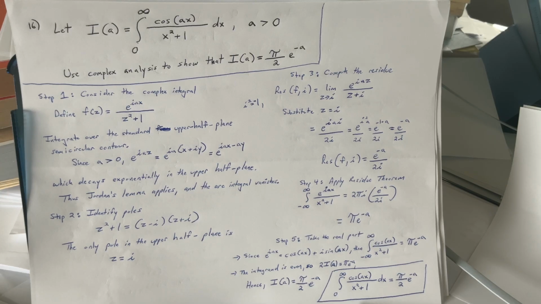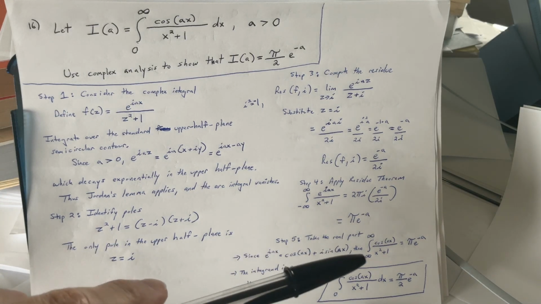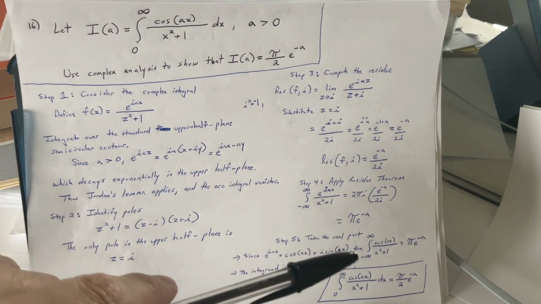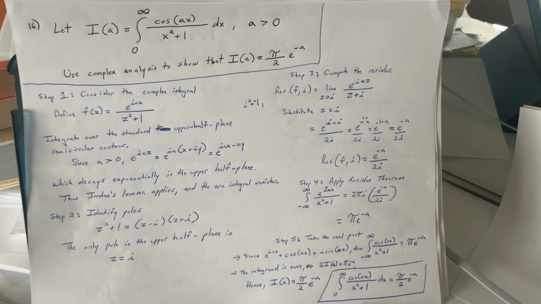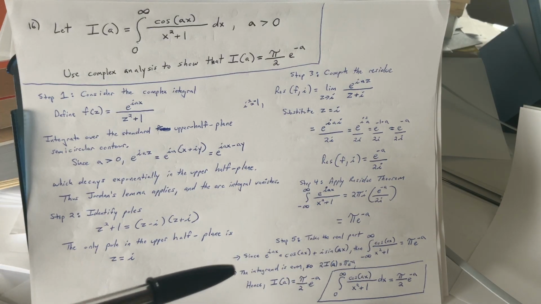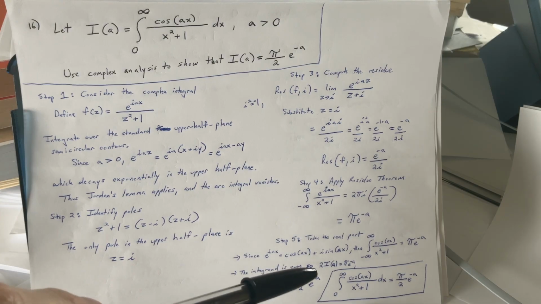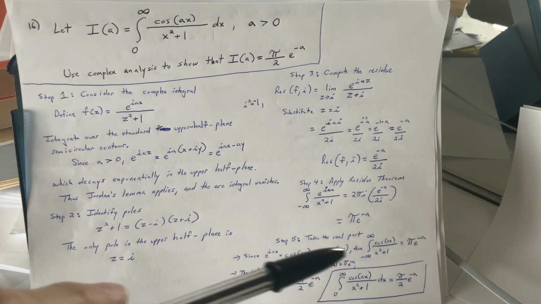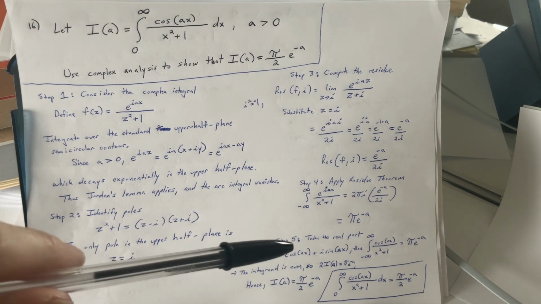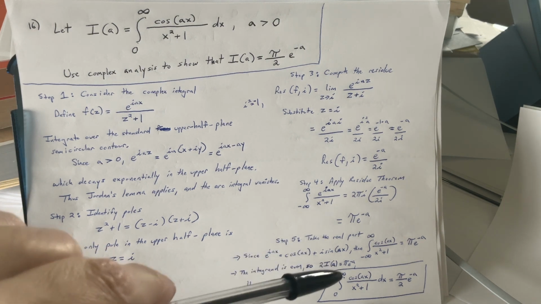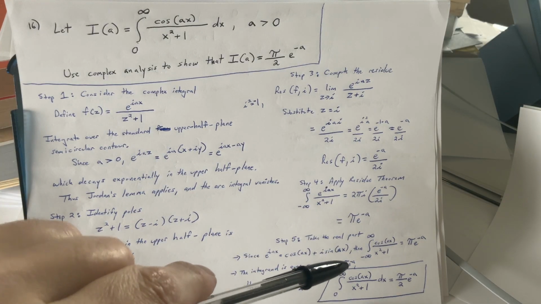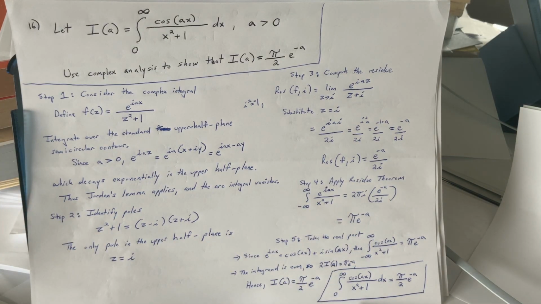Now, think about whether it's even or odd. The integrand is even: the cosine function is even, x squared is even, so even over even. The integrand is even, so 2 I of a equals pi e to the negative a.